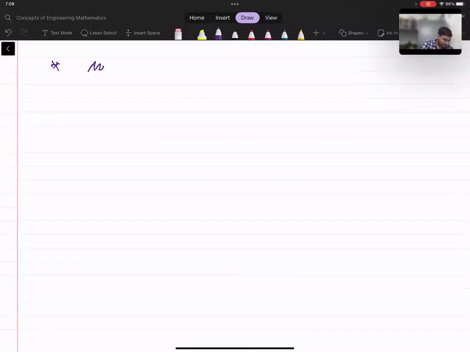So minor of a determinant Aij is again the determinant of the particular element value, meaning that particular determinant expansion after deleting that particular row and column of which we are talking.